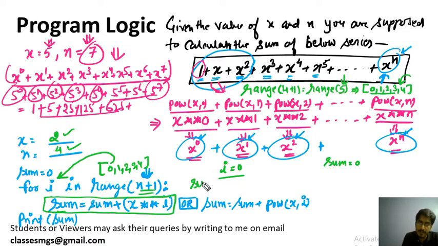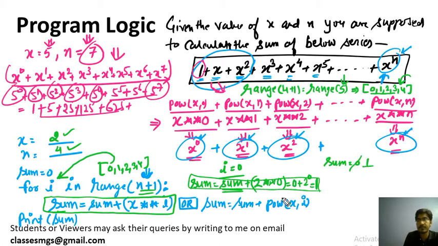I am writing sum equals to sum plus x, where x is 2 double star 0. The sum value is 0, so 0 plus 2 raised to power 0, which is 1, becomes 1. So the sum value will become 1 from 0.